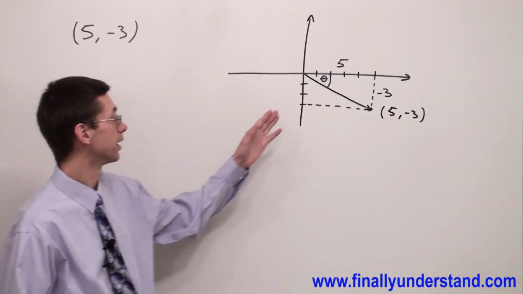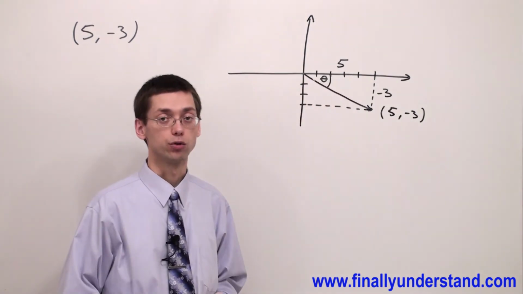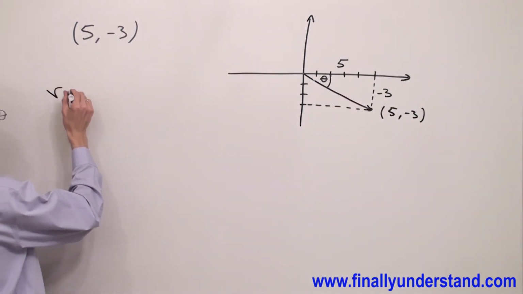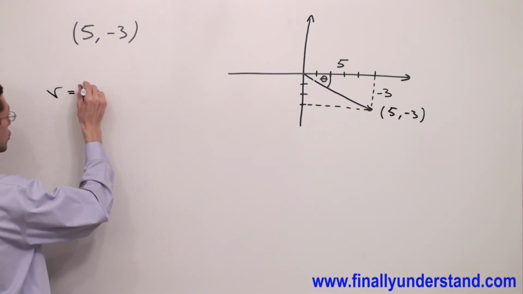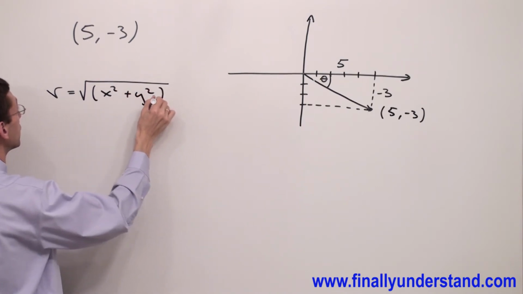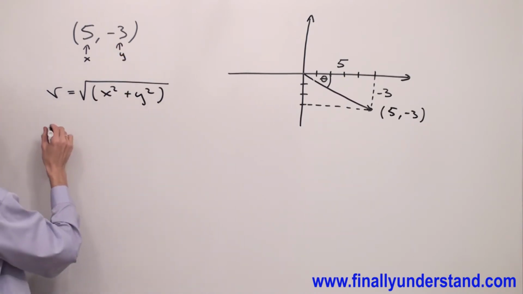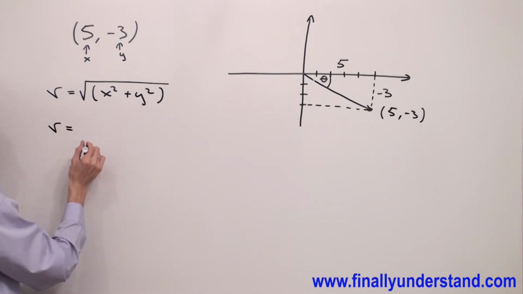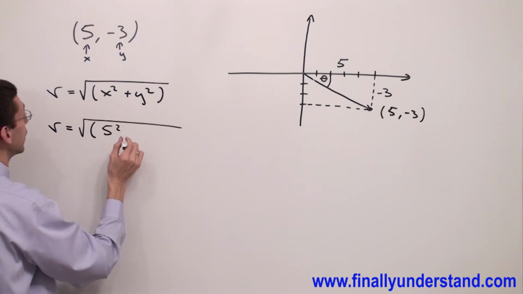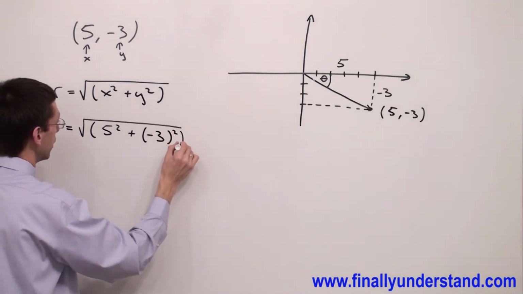In order to find the length of the phasor, we're supposed to use the Pythagorean theorem and simply write that the magnitude of my phasor, the length of the phasor, is equal to the square root of x squared plus y squared, where this is my x and this is my y coordinate. So I have r equals the square root of 5 squared plus (-3) to the second power.